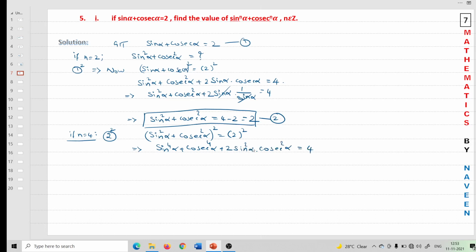Again here sin and cosec are reciprocals, so both squares we can cancel them. So from this, sin power 4 alpha plus cosec power 4 alpha plus 2 is equal to 4. So sin power 4 alpha plus cosec power 4 alpha is equal to 4 minus 2, that is also equal to 2.